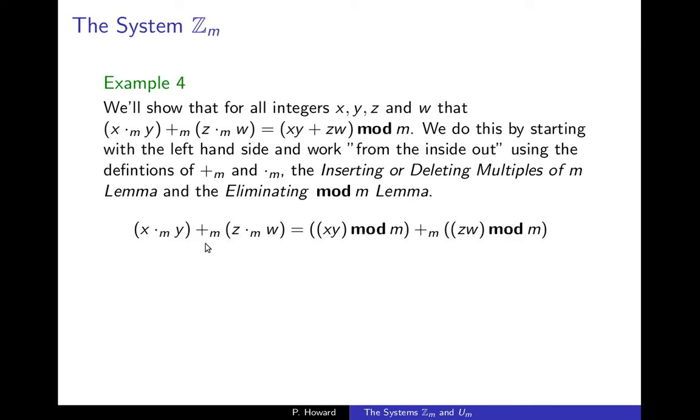The left-hand side is equal to x times y mod m plus sub m z times w mod m. What have I used here? I've used the definition of times sub m. Right? X times sub m y, by definition, is x times y mod m, and similarly for z times sub m w.